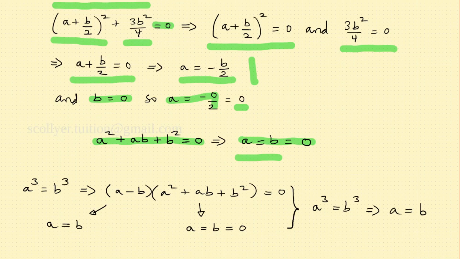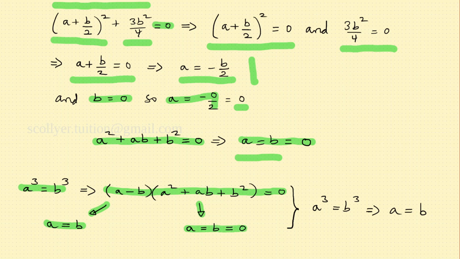Now, we've already shown that a cubed equals b cubed means that (a minus b) times (a squared plus ab plus b squared) equals 0. And from the first factor, we have that a equals b, and from the second factor, we have that a equals b, as they both equal 0.